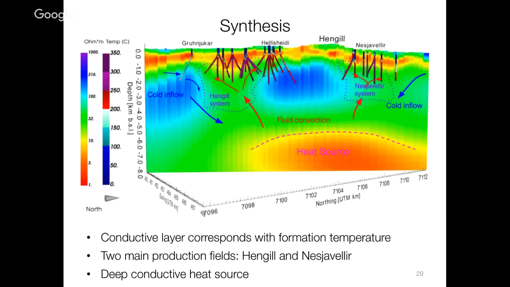And you see there's a nice correlation here. This is the producing field here, and there's another producing system over here. I think that's a really nice case history: you've got a model, and you can use MT, invert in 3D, make some sense out of it, and have it verified.